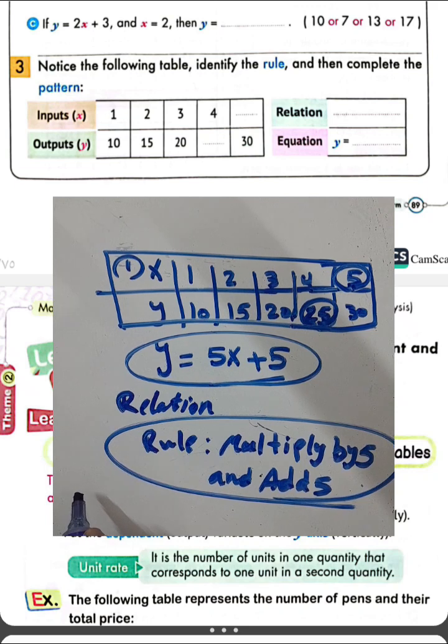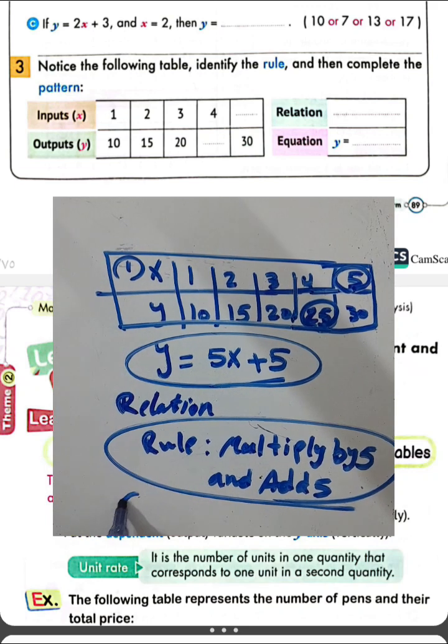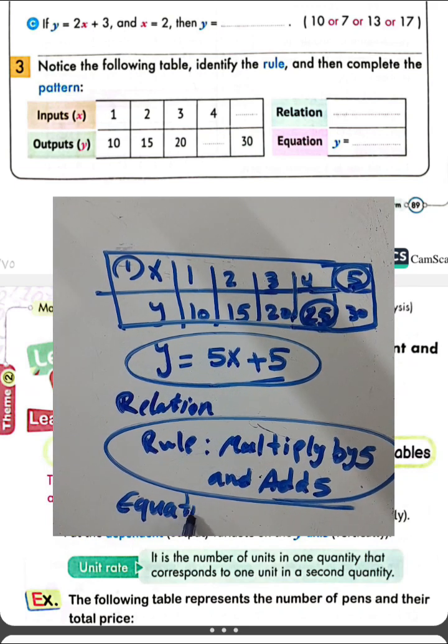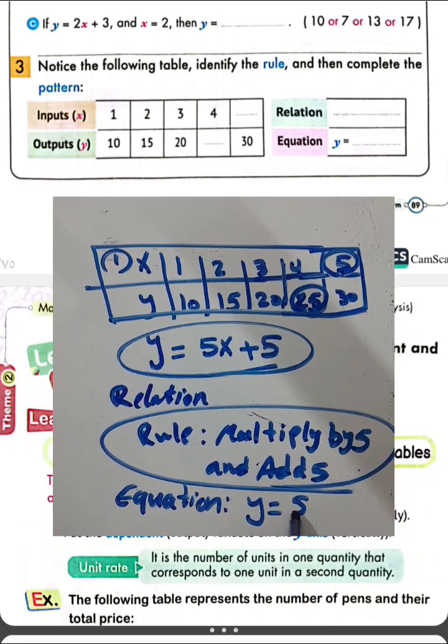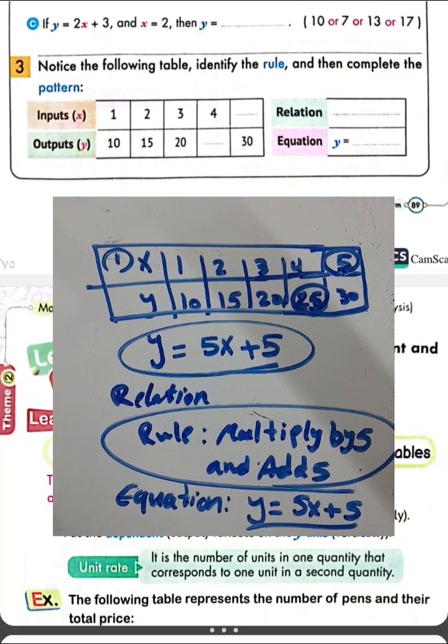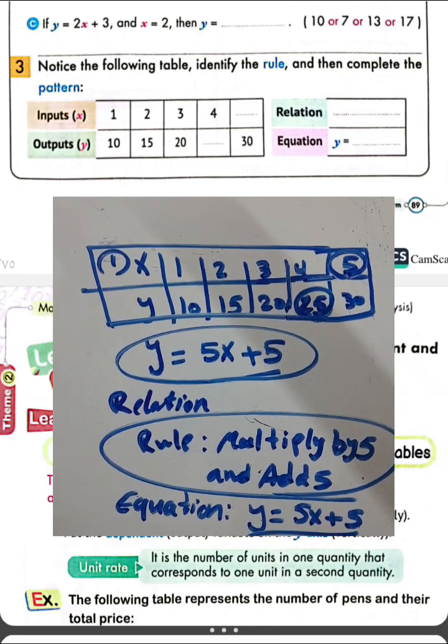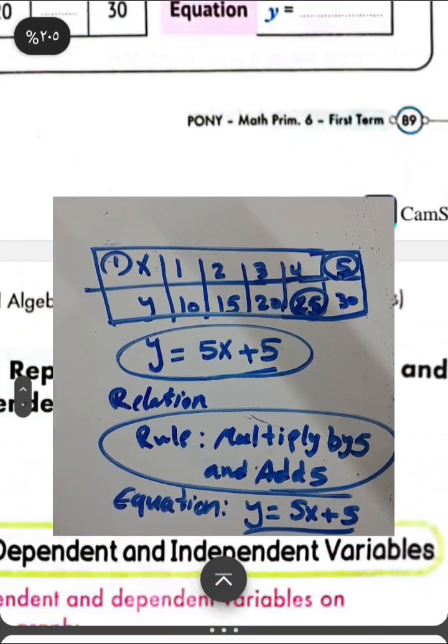And the equation will be y equals 5x plus 5. It's the equation. Okay, that was page 89. Goodbye.